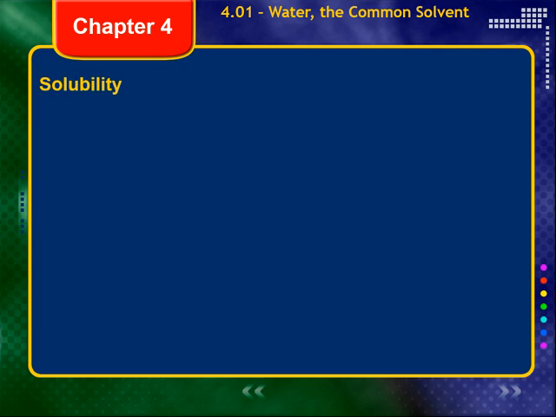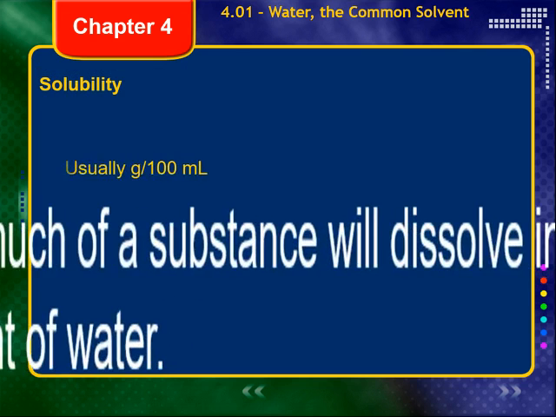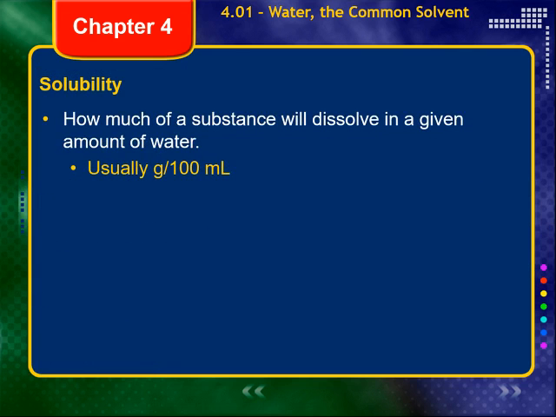Solubility. We just talked about if something is soluble, it means it has the ability to be dissolved. So solubility refers to the extent to which it will dissolve, how much of a substance will dissolve in a given amount of water. Typically, this information is going to be communicated in grams per 100 milliliters.